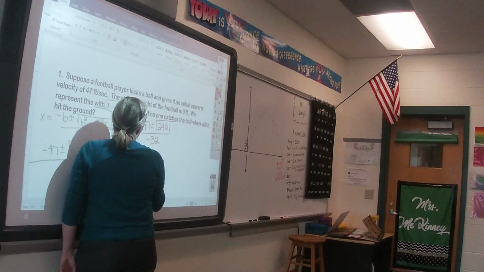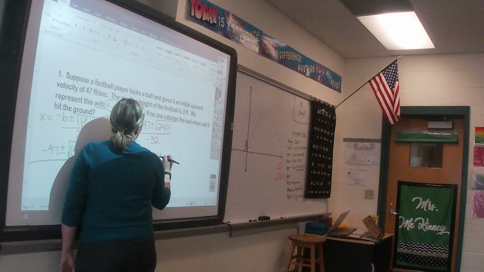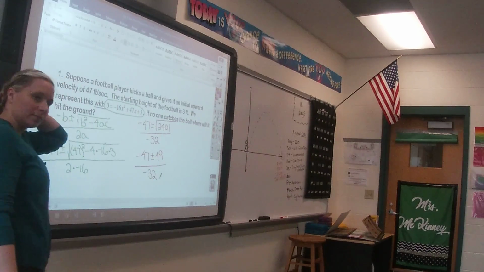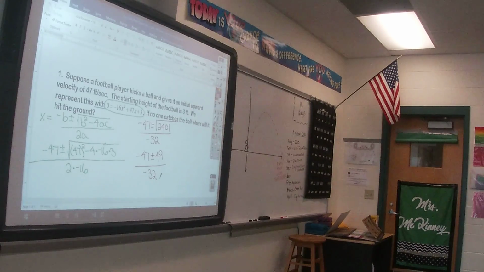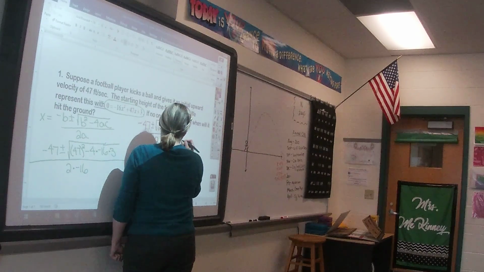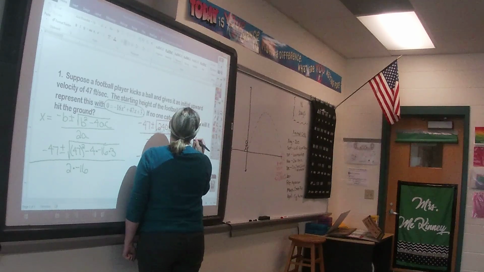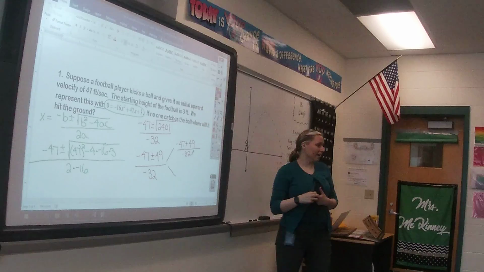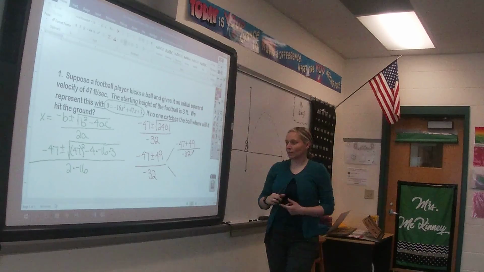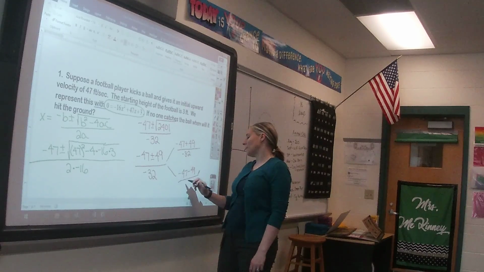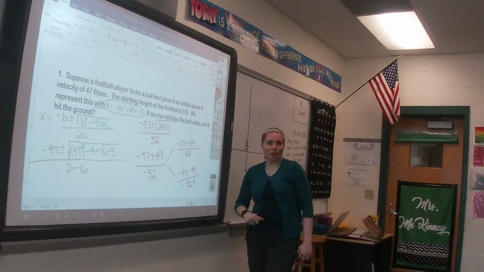So we'll get negative 47 plus or minus 49 all over negative 32. Then what will we do? 2 options. Negative 47 plus 49 over negative 32. And negative 47 minus 49 over negative 32.